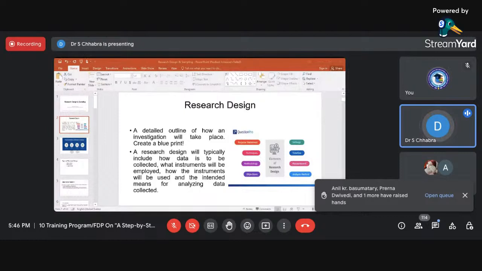But the only point I'm trying to make is to create a blueprint which is largely okay. I hope you are getting my point. Create a blueprint so that you understand where you are going to get the data from, how you are going to get the data, how you would sample, who may be your samples. Answer such basic questions.